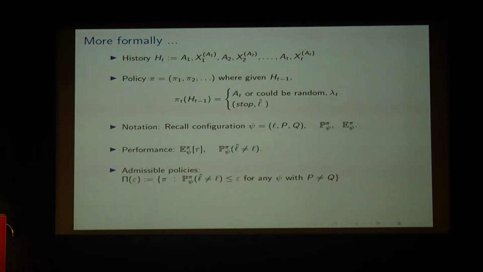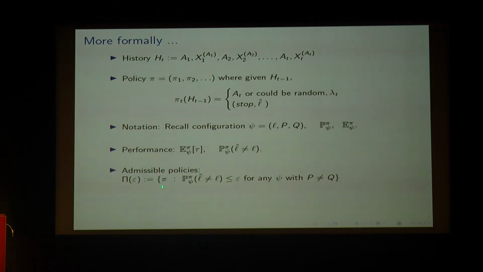Okay. And at this moment, without regard to this, let's look at policies which have low probability of error, and I'll call them admissible policies, which are parameterized by this parameter epsilon. So this epsilon basically governs a bound on the probability of error.